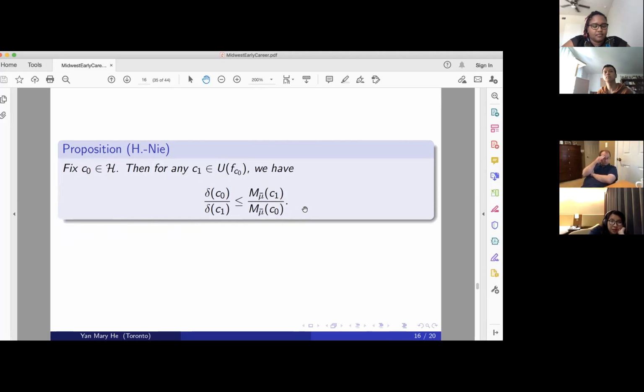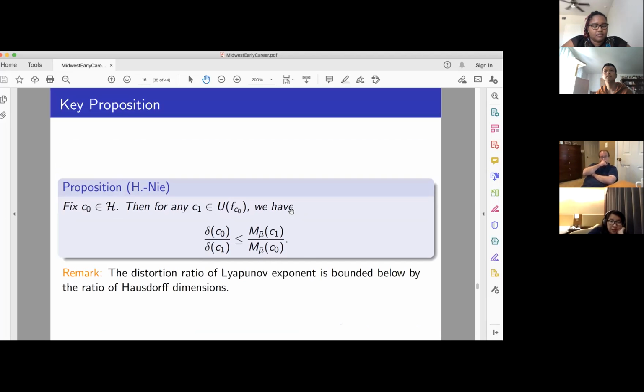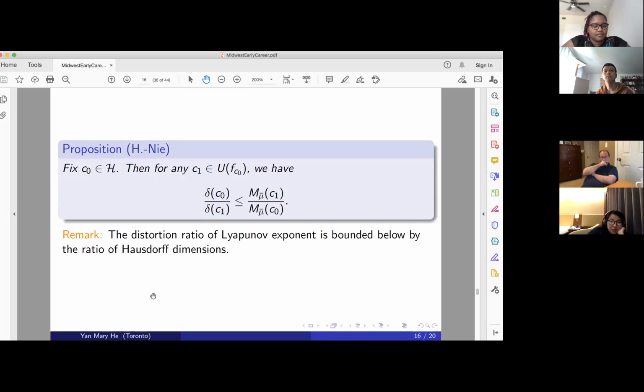You can think of it as the Lyapunov exponent of this equilibrium state versus the Lyapunov exponent of the push forward measure. But the push forward is pushed forward by a quasi-conformal map, phi sub c. So the quotient on the right-hand side is a way to measure how much the Lyapunov exponent is distorted by this quasi-conformal perturbation.